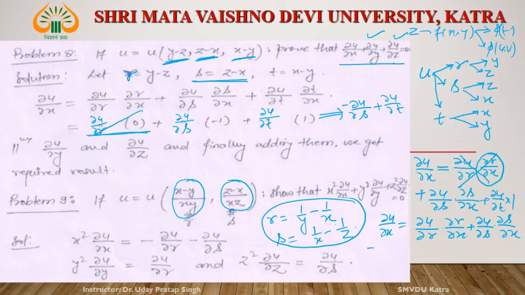What is del u by del r? I don't know. Now what is del r by del x? What is r? R is this term. What is del r by del x? 1 by y is 0, minus 1 by x gives 1 upon x square. Now del u by del s, and del s by del x is minus 1 upon x square.